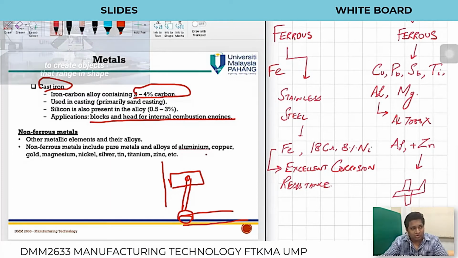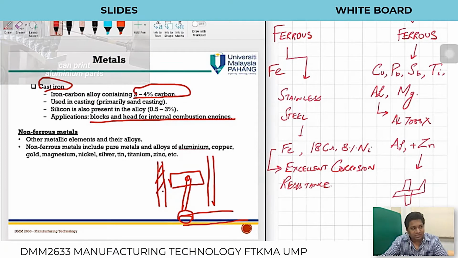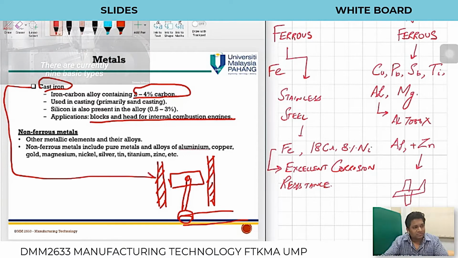So the bore or the cylinder of the car, the cylinder in which the piston is present, is made of cast iron. So this is your cast iron.